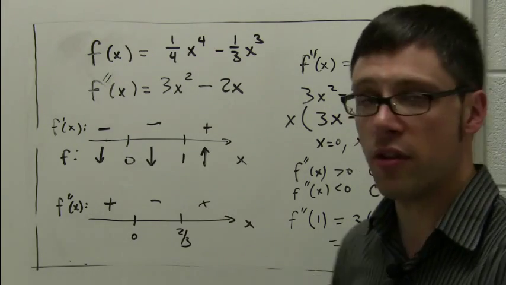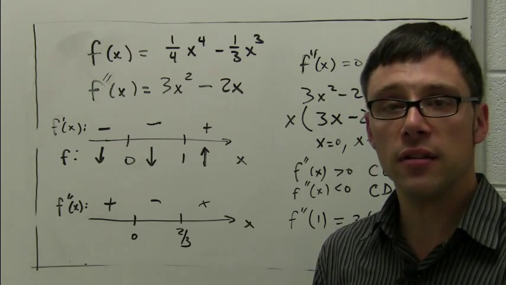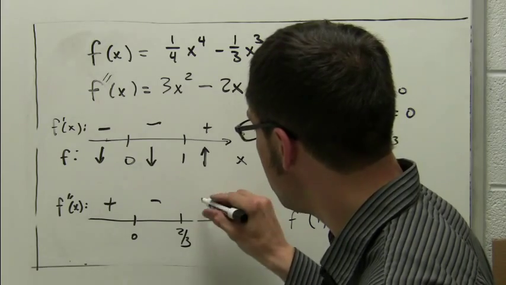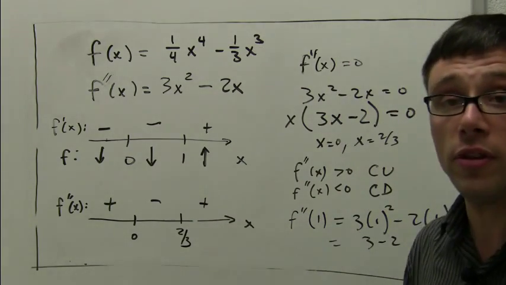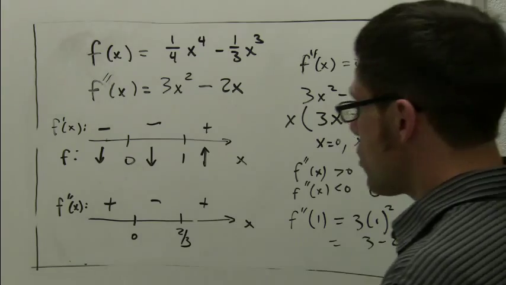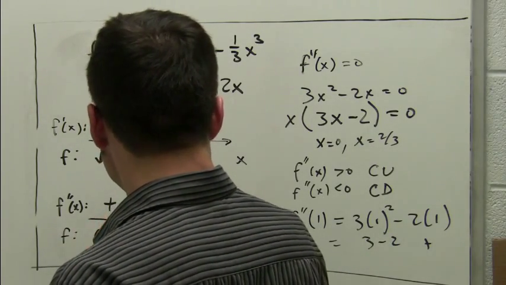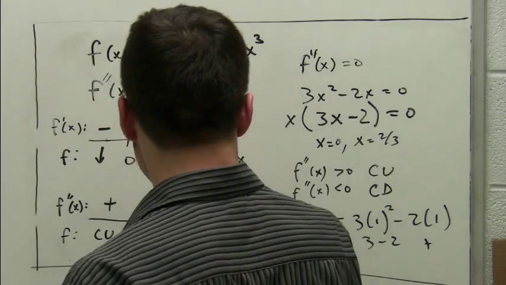And I don't need to check any other values. I know that all the other values will have the same concavity or the same sign. I already know that because of how the test works. Okay? So the function is concave up here. It's concave down and concave up again.